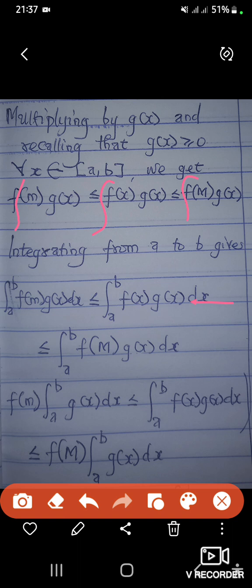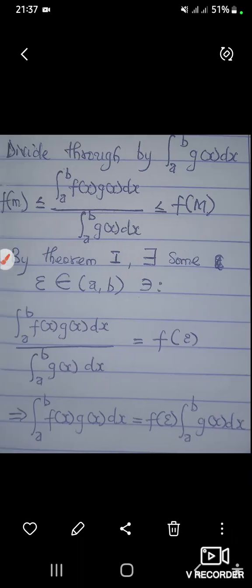Now f of m is just a number, it's a constant. It comes out of the integral as this. Capital M is also a constant, it comes out of the integral. And then we have this. Then let's go to the next slide.